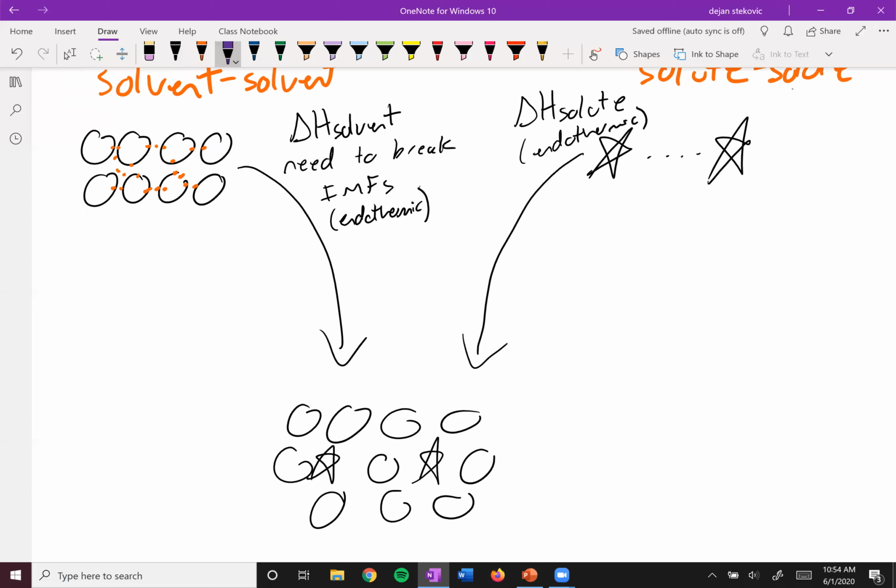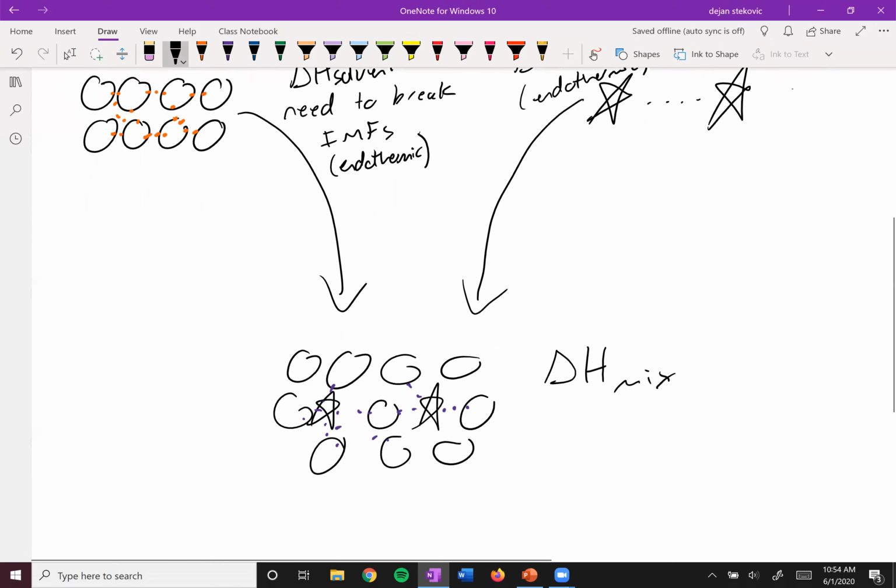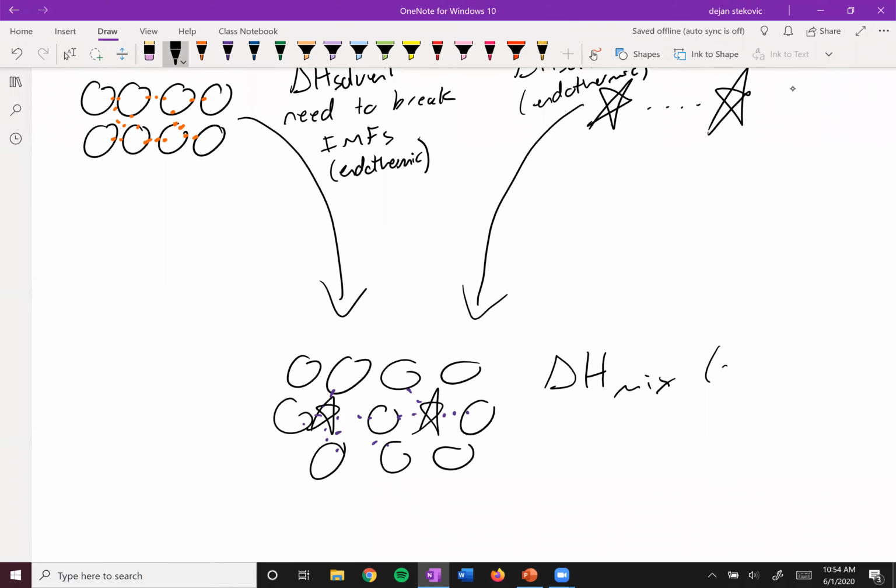And now we have new intermolecular forces between our solute and our solvent. And so we'll call this the delta H of the mixture, right? So this will be the solvent-solute interactions.